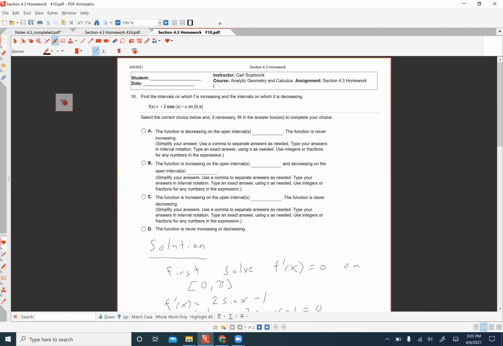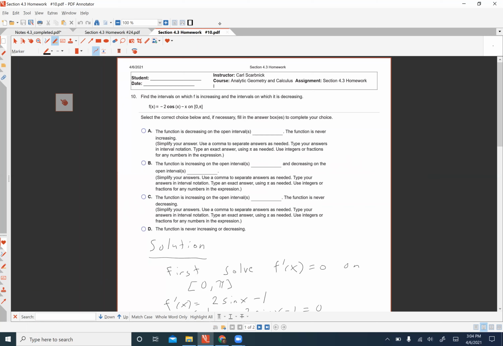I took this from the homework. I think this is problem number 10. We have the function -2 times cosine of x minus x, defined on the closed interval 0 to pi, and we want to find the intervals in which f is increasing and the intervals in which it's decreasing.